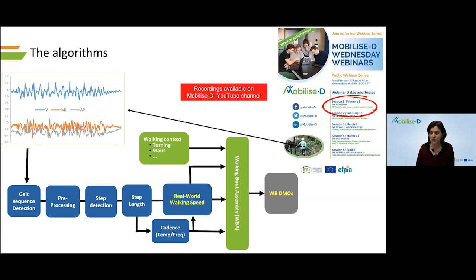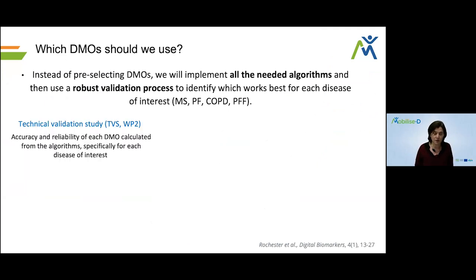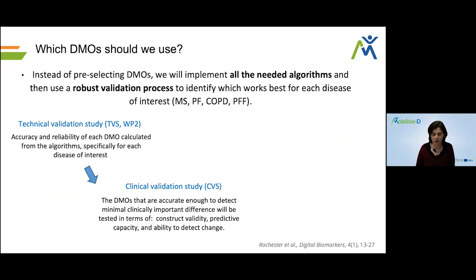Whereas this week, we will be really focusing on how we want to validate our approach to the definition of our DMOs, in particular for the diseases of interest for the project. Which DMOs to use is something that we will establish by first validating them technically, establishing their accuracy and reliability, and then moving to a second part of the project where we will have a clinical validation study that will establish the clinical validity of the DMOs that we will select.